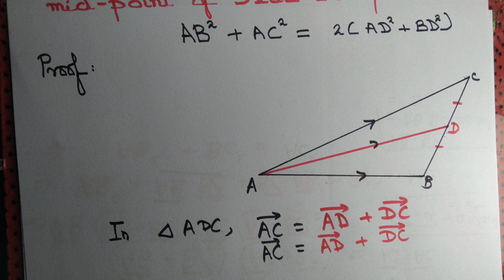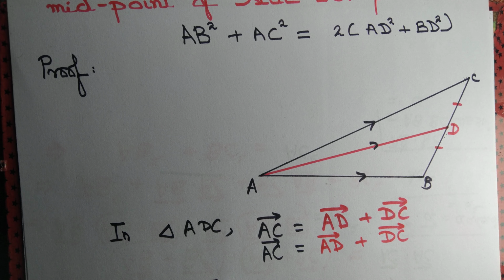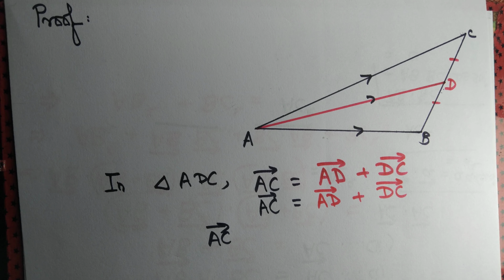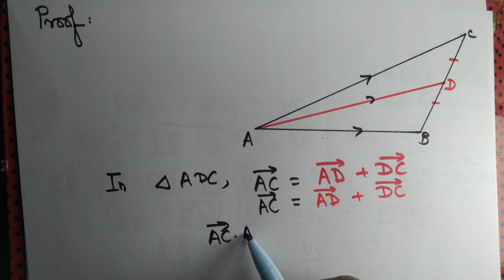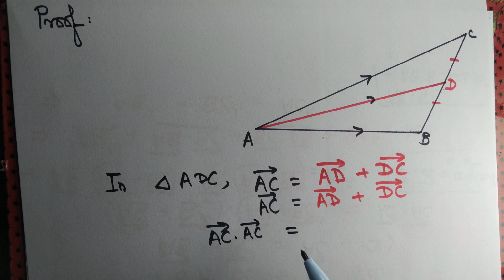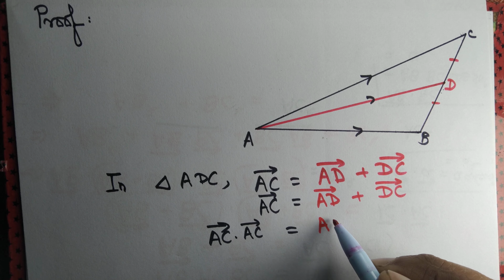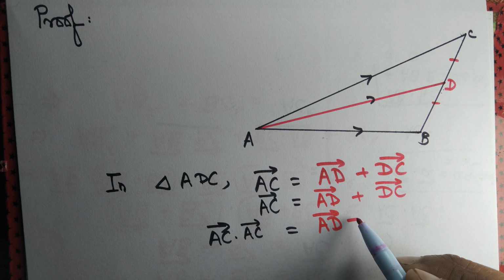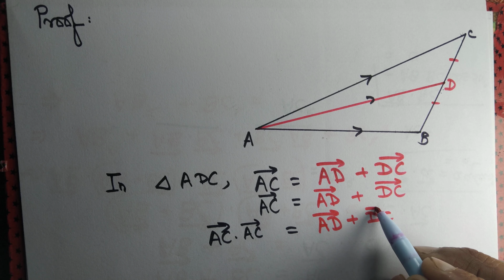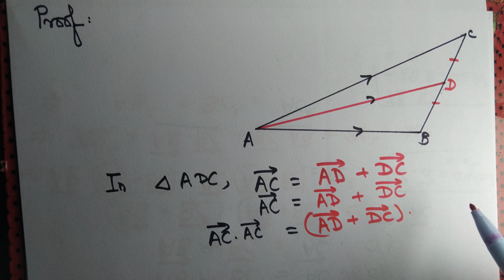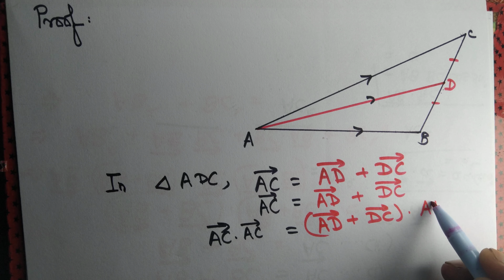So we have AC dot AC equal to AD plus DC dot AD plus DC.